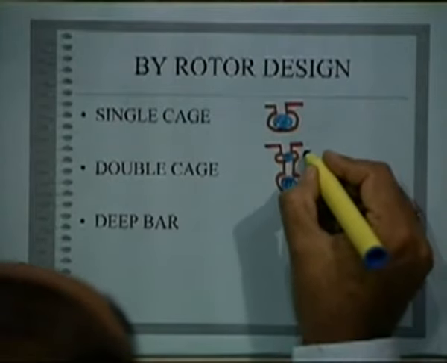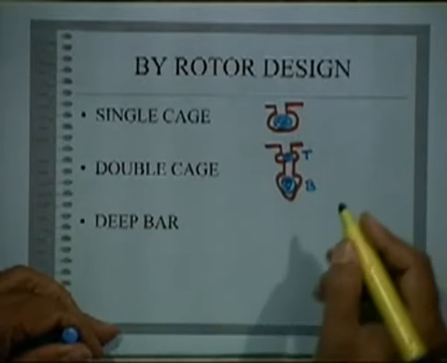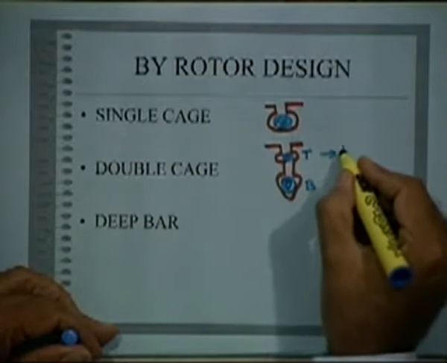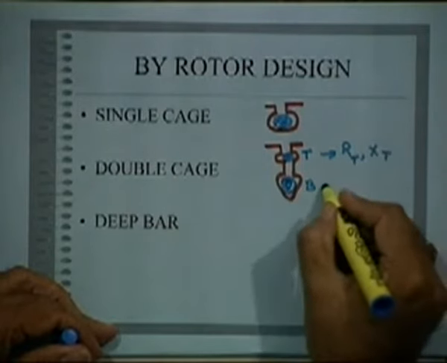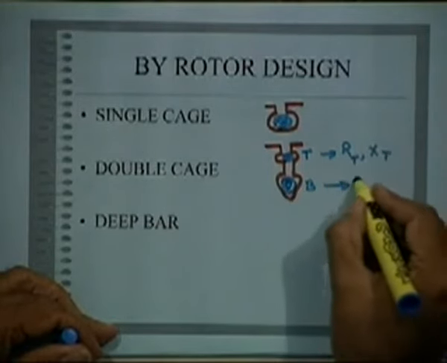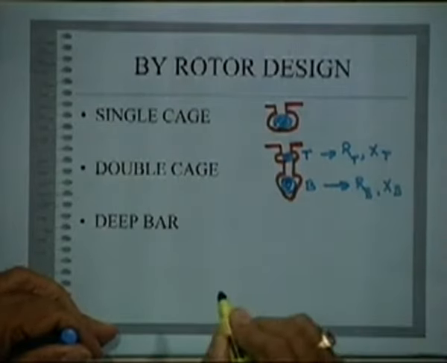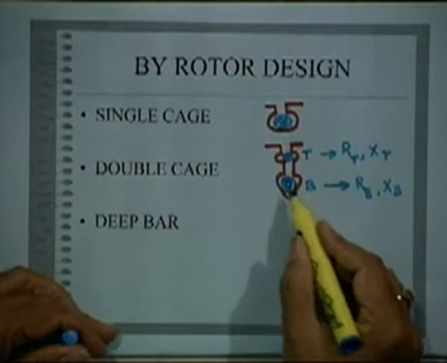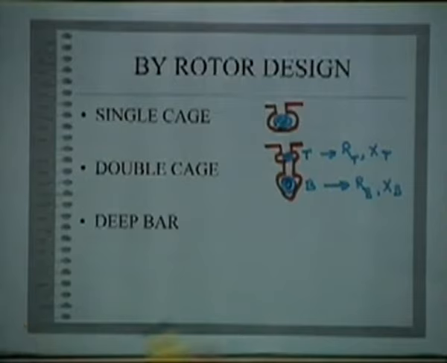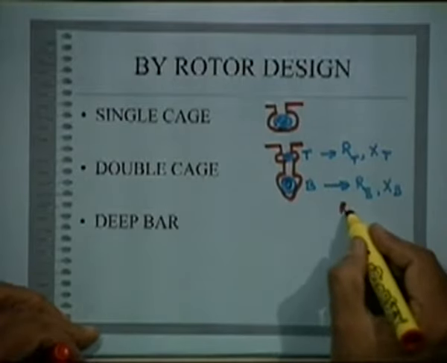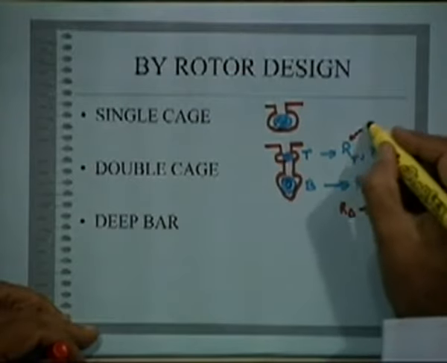Let us say this is top and this is bottom. Now this has a resistance R top and reactance X top, and this is resistance R bottom and X bottom. Now generally RB is low and RT is high.